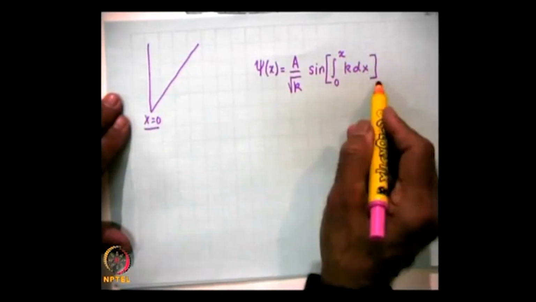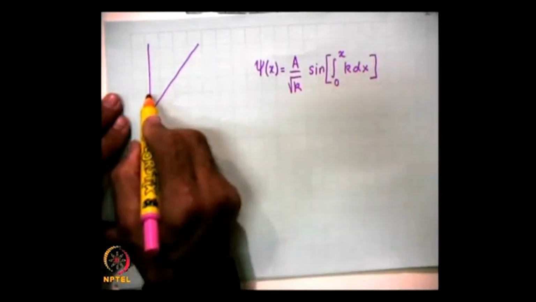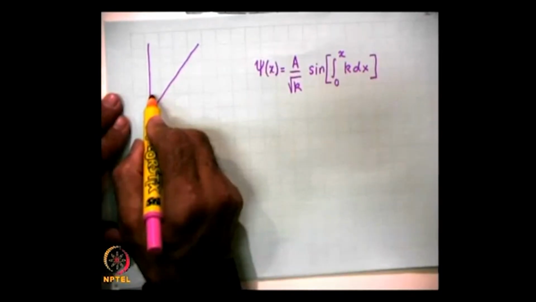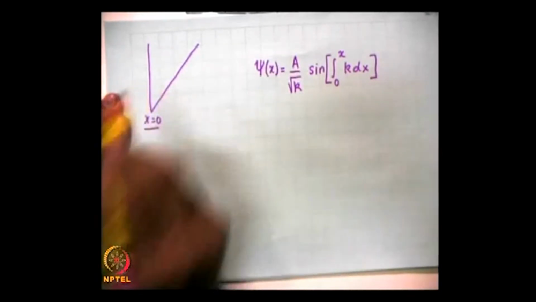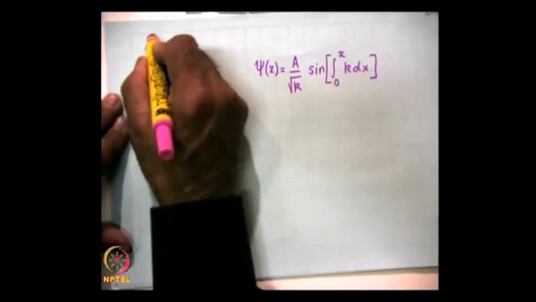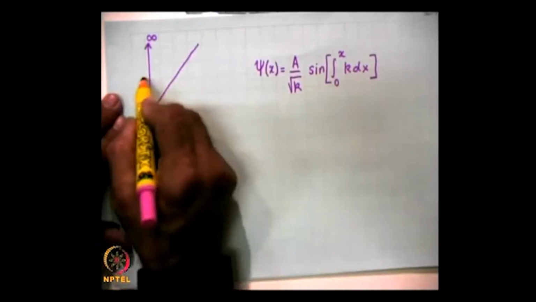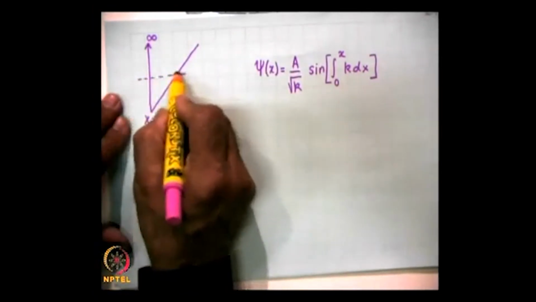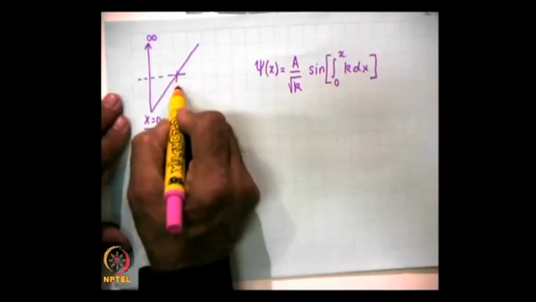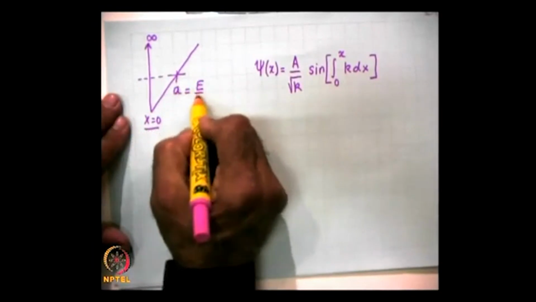Now, this solution vanishes at x equal to 0. So, it satisfies the boundary condition at x equal to 0. My turning point is at x equal to a, let us suppose, which is equal to E by gamma.